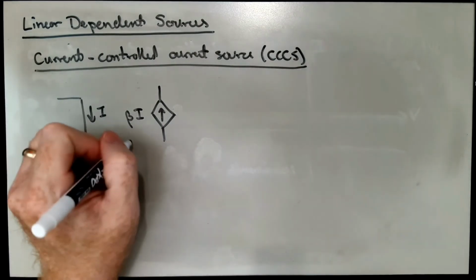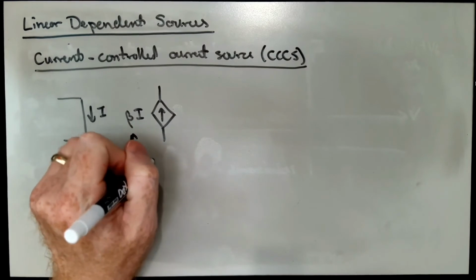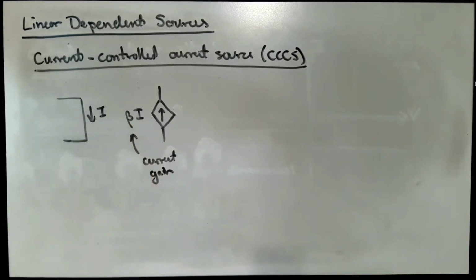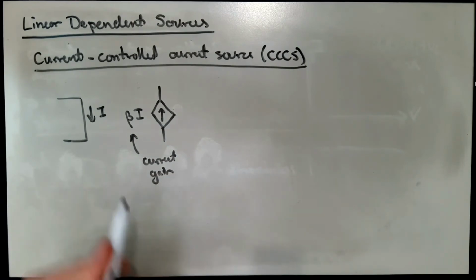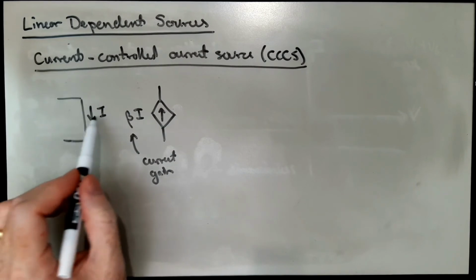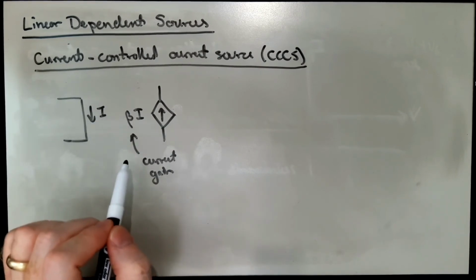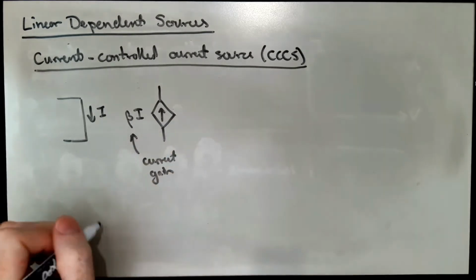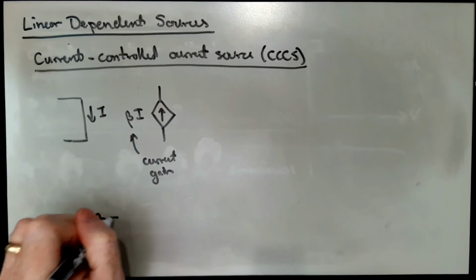Okay, so beta, again, is the current gain of our current-controlled current source. It depends on some current flowing somewhere else in the circuit. Whatever that current is, it gets multiplied by beta, and that is how much current gets pumped out of our terminals for the output here. And so again, beta is dimensionless.